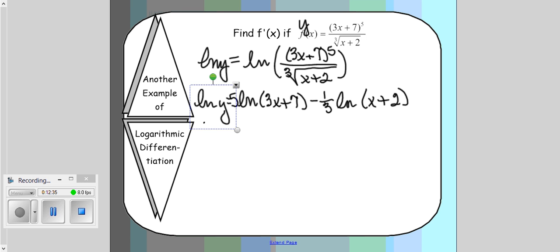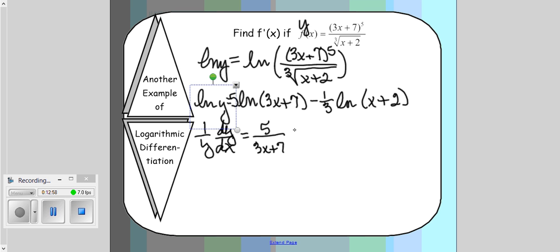So my derivative of natural log y, of course, is 1 over y, dy dx, equals, when I do this, derivative of natural log is going to be 1 over this 3x + 7. So I'm going to have 5 over the 3x + 7.